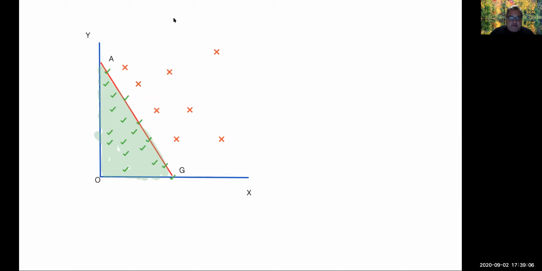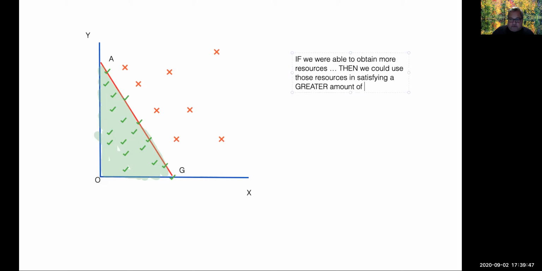The answer is that if we were able to obtain more productive resources, then we could use those resources in satisfying a greater amount of X or Y or both.